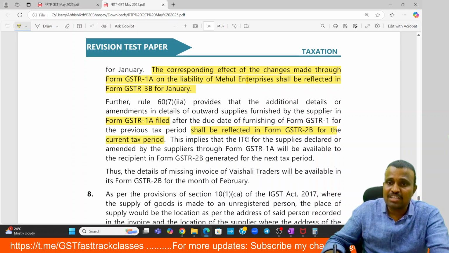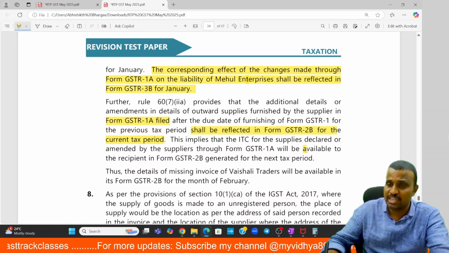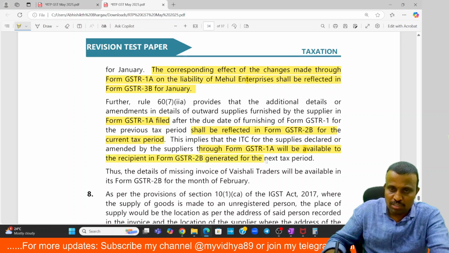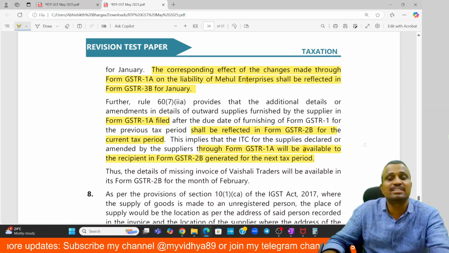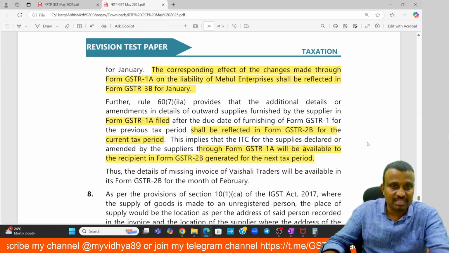This implies ITC of such supplies declared or amended by the supplier through the GSTR 1A will be available to the recipient in GSTR 2B generated for the next tax period.